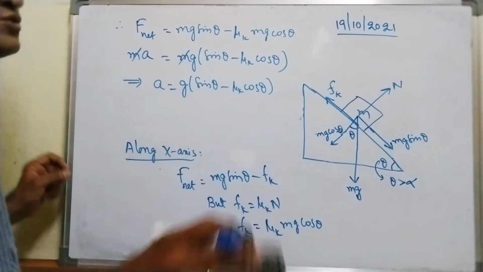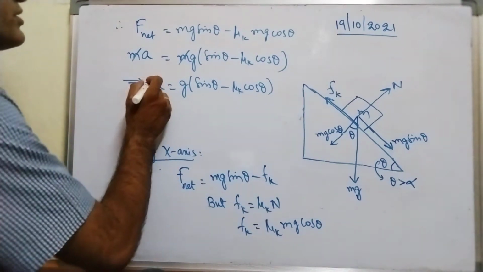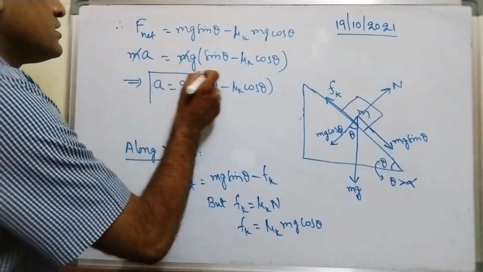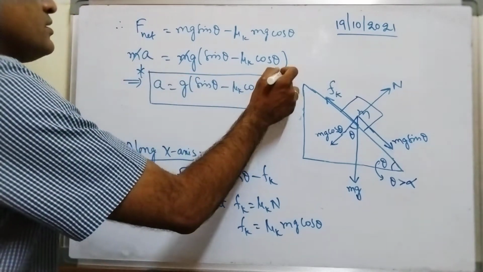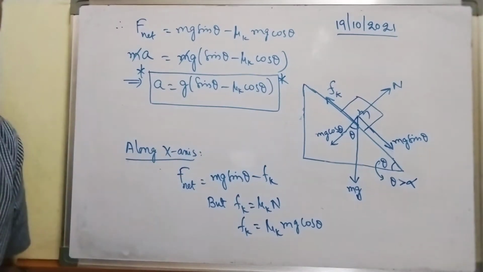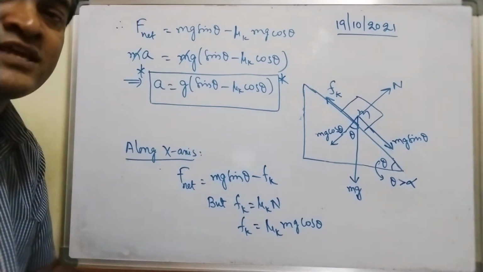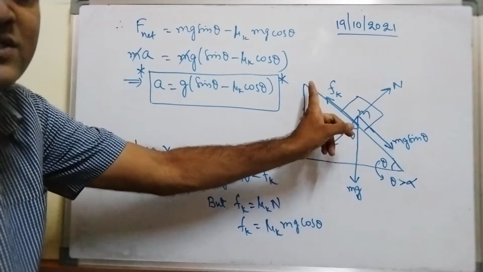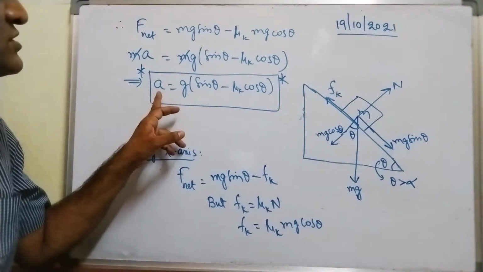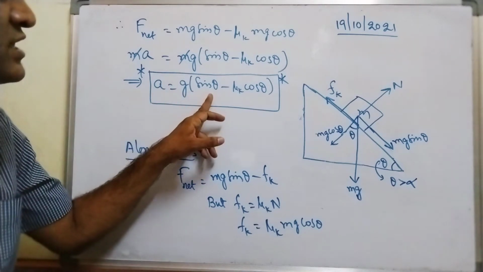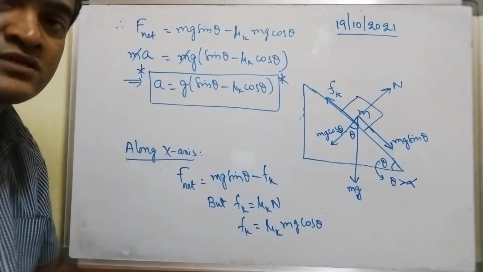So this is the very important formula for net acceleration sliding down the rough inclined plane. I got the formula for net acceleration of the block or body sliding down the rough inclined plane as a is equal to g sin theta minus mu k cos theta.